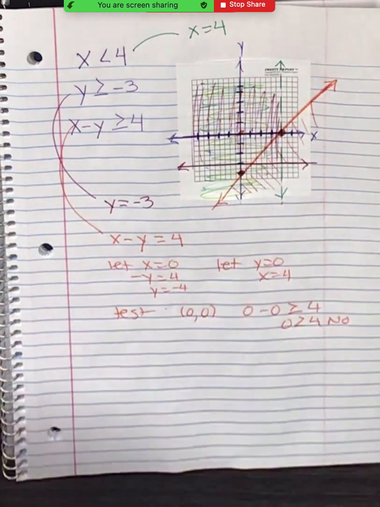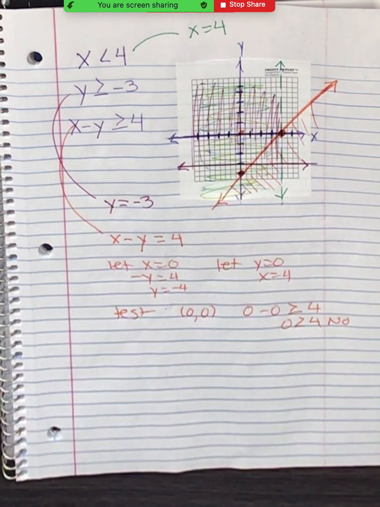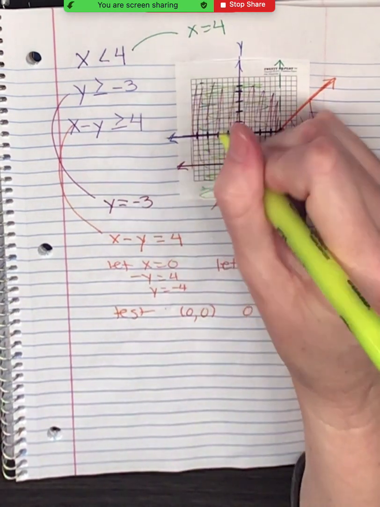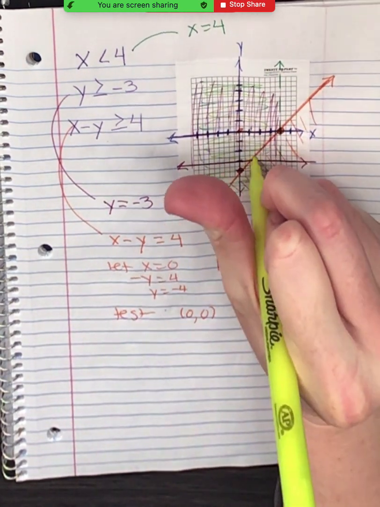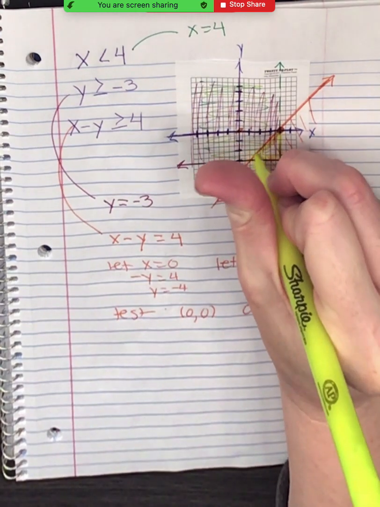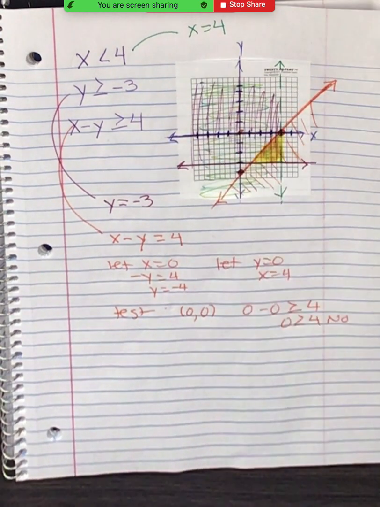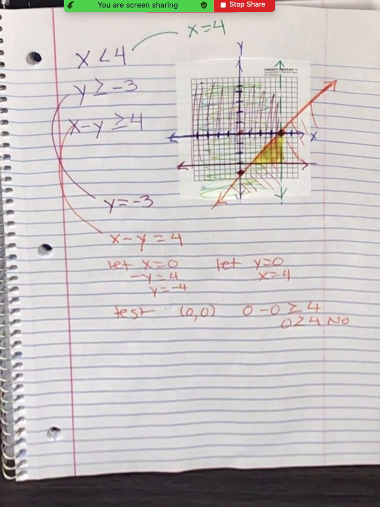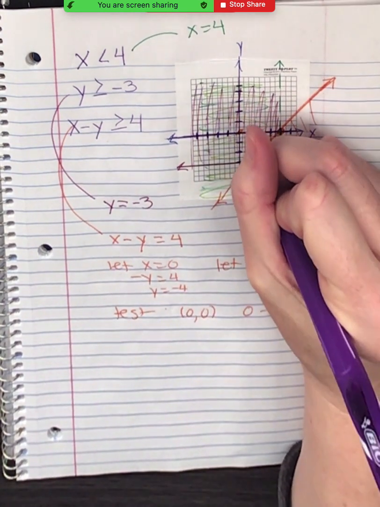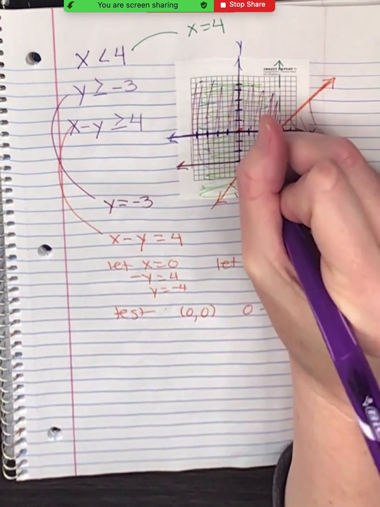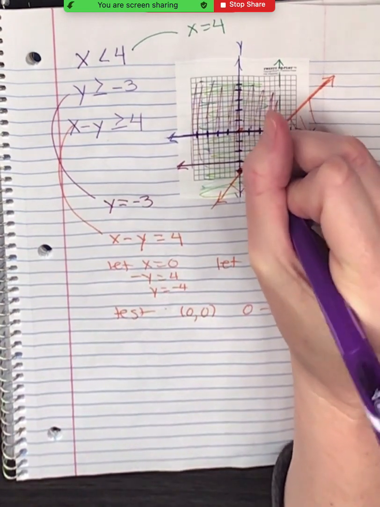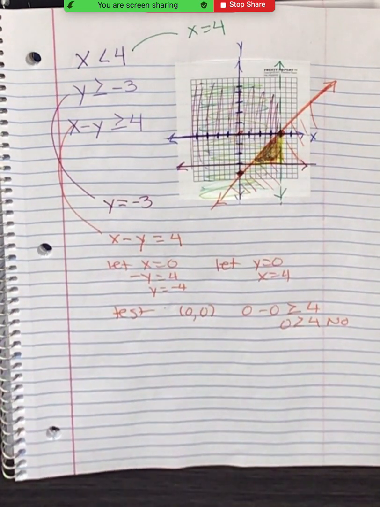You are looking for where they overlap, though. So if I look at all the shading, right, I've shaded up this way. The overlap is in this little triangle area. Okay, so that's my solution shaded in there, because that's where they all overlap. Okay?